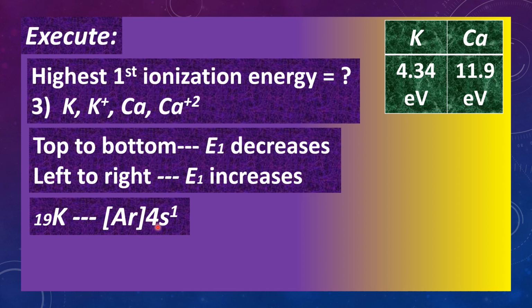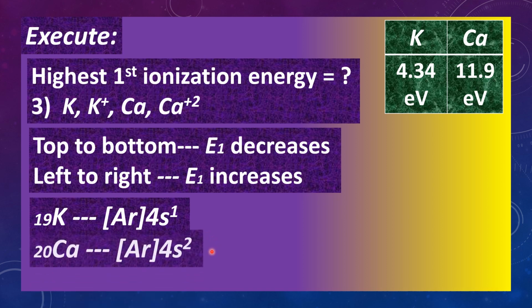The outermost energy level is represented here by 4s, 4 also being the number of the period. And as given here, there is only one electron occupying the outermost energy level. So we say that the valence electron of potassium is 1.